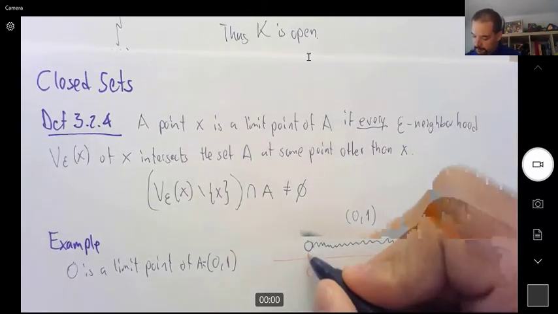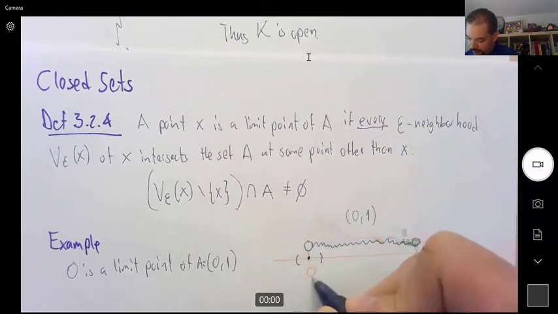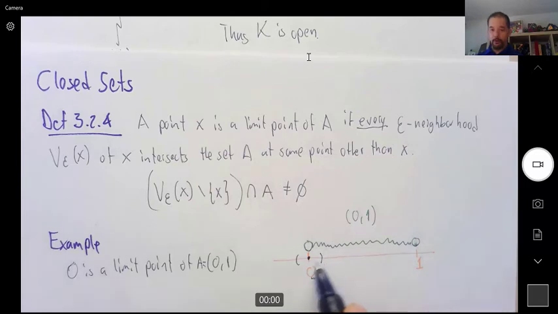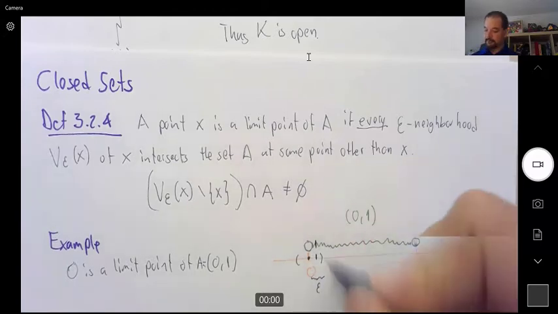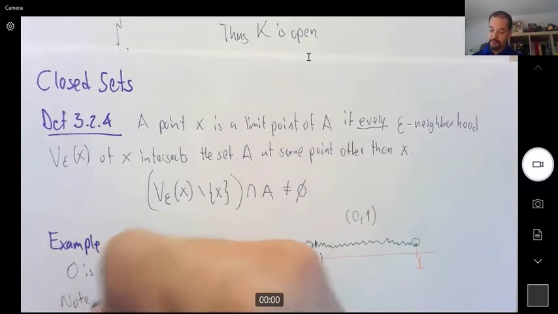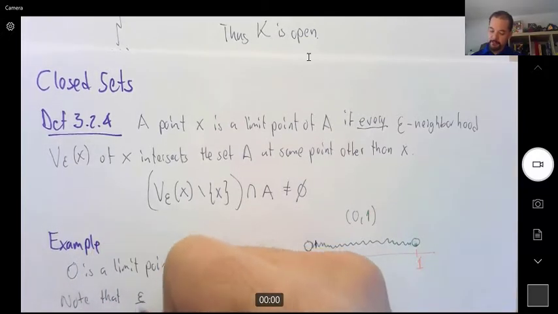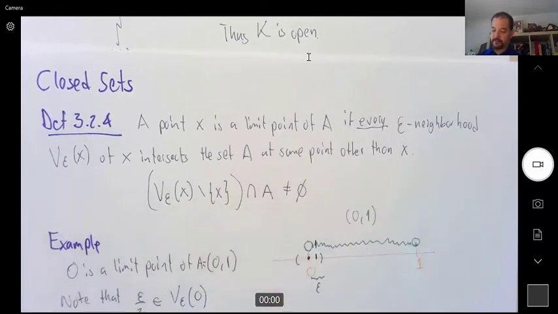Well, it is a limit point because, think about it: if you pick any epsilon neighborhood, no matter how small you pick the epsilon, you're going to capture some point in the interval (0, 1), namely epsilon over 2, for example. See? Note that epsilon over 2 belongs to the epsilon neighborhood centered at 0.